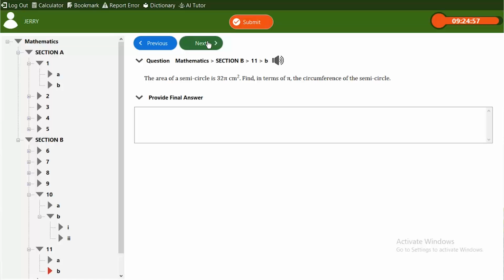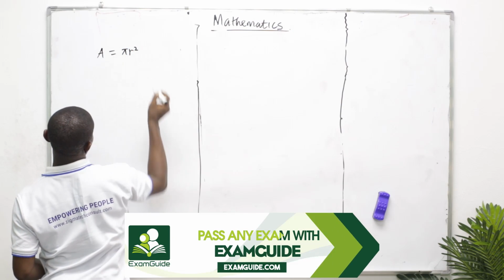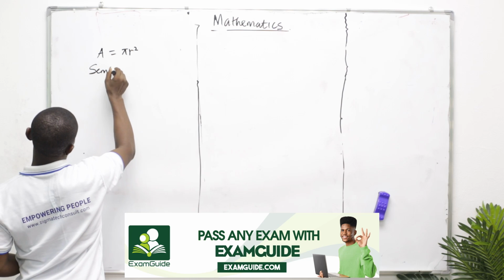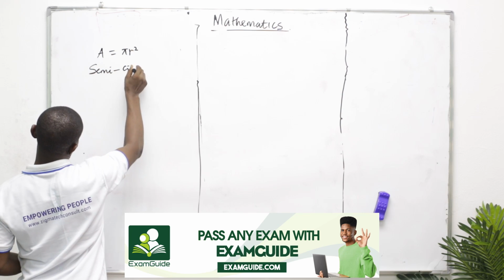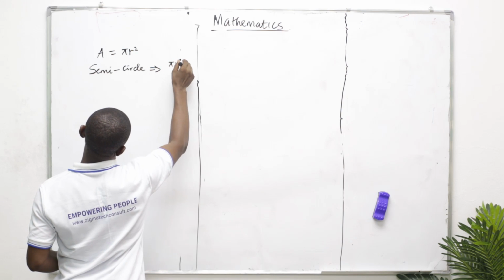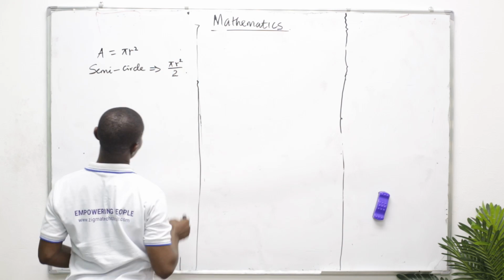First of all, we have to reason out the formula for area of a circle. The area of a semicircle is 32 pi. Okay, area of a circle is what? A equals pi r square. Good. Now it is semi. This will imply pi r square all over 2.